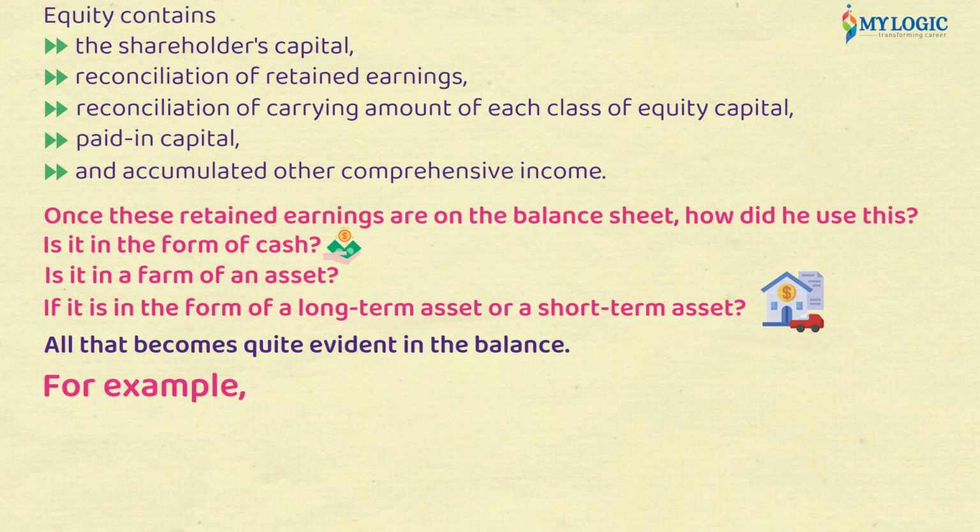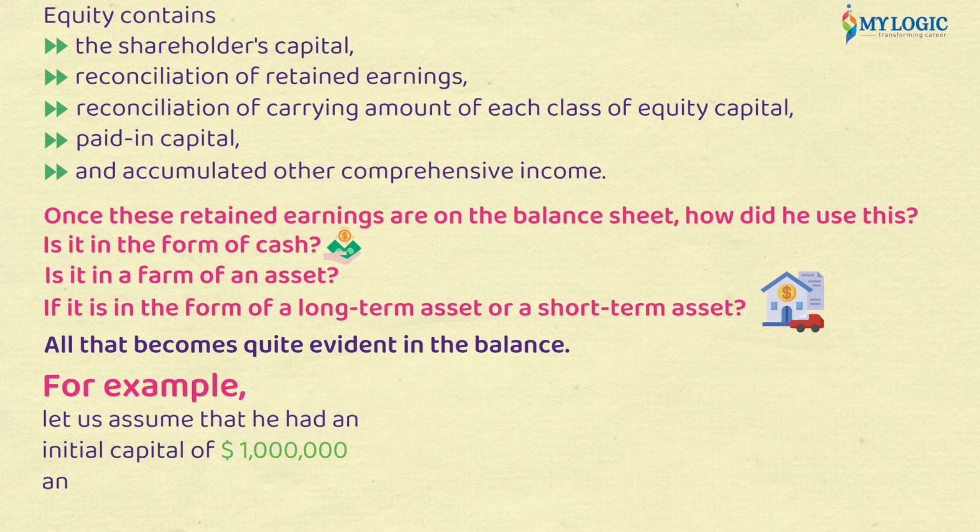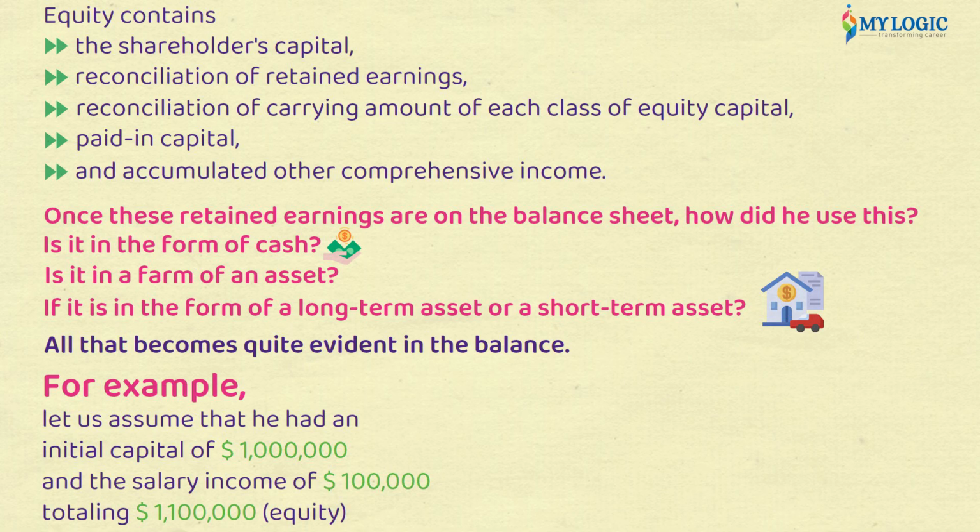For example, let us assume that he had an initial capital of $1 million and the salary income of $100,000, totaling $1.1 million equity. Now let us see under the asset side what kind of items would come.